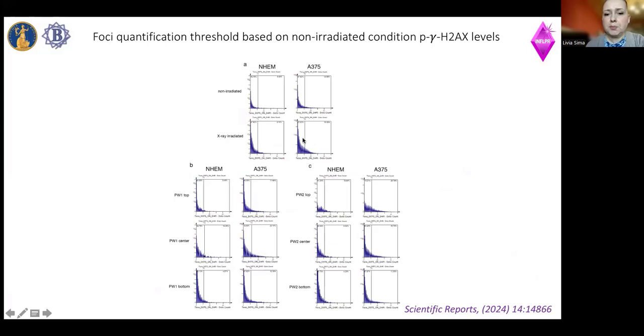You can also set up thresholds on the TexaDots-on-DAPI channel based on the baseline intensity of the gamma H2AX signal in non-irradiated cells. Also, in our organisms, in cells, there is a baseline expression of gamma H2AX, although the cells are not exposed to any type of treatment, due to intrinsic metabolism that generates stress on the DNA.